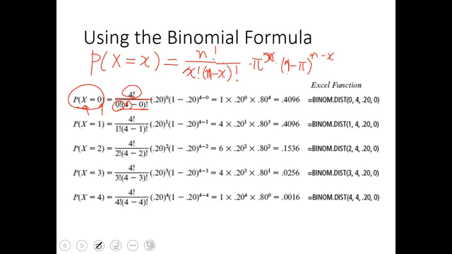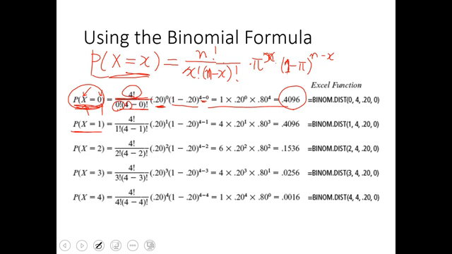That is the probability that X has the value x. So the probability that X has value 0 is 4 factorial over 0 factorial times 4 minus 0 factorial, times pi to the 0 power and 1 minus pi to the 4 minus 0 power, and we obtain this number.